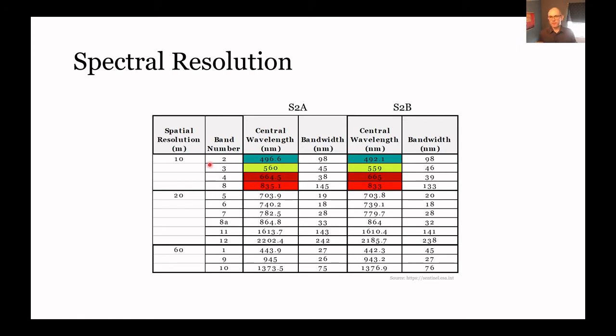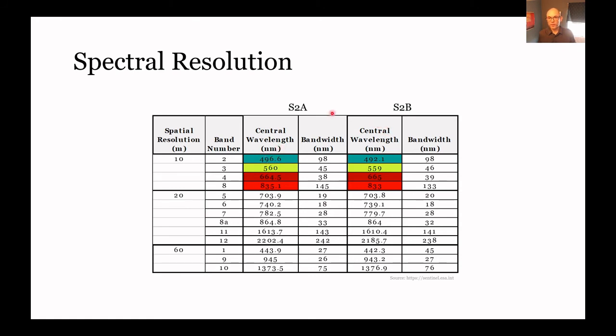Band number, that just tells us which band we're talking about, which data layer we are looking at. And so band number 2 in Sentinel-2 data is equivalent to this blue light here. So the blue light with a central wavelength of 496.6 nanometers.